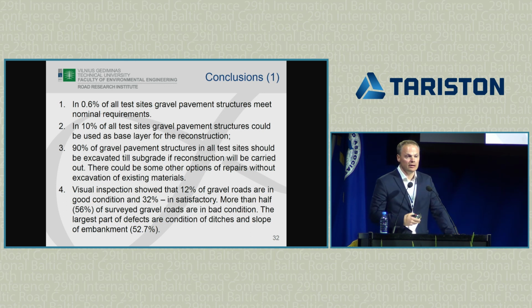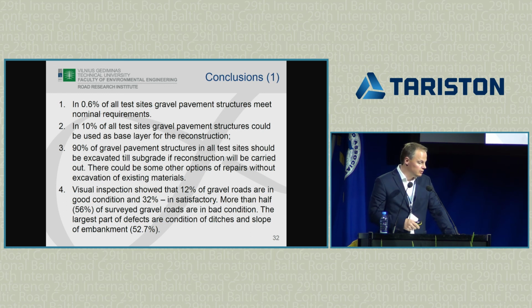So not less than 10% can be used. It's stated that 90% should be excavated, but afterwards we say that if we use some special techniques, we can save more, and we can keep the material on the road using, for example, soft asphalt or double surface seal, which we have been doing since 2012, and it performs very well. We can save more existing pavement structure in gravel roads.